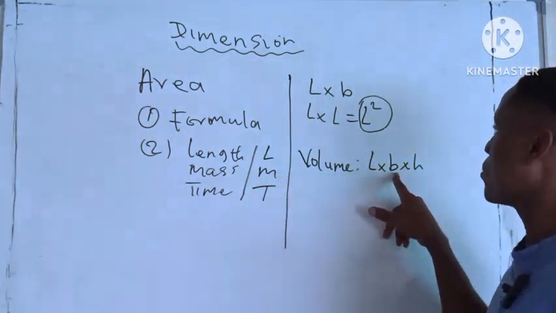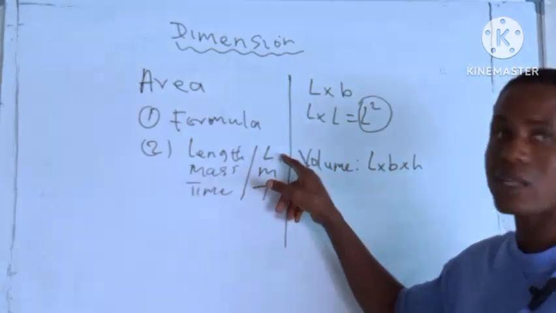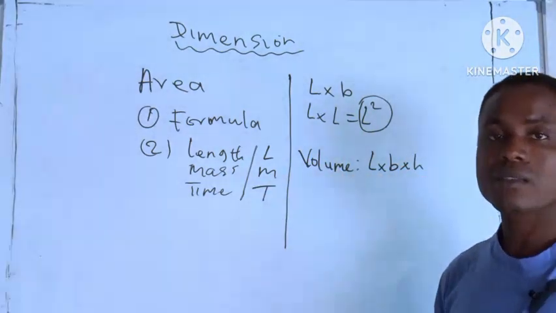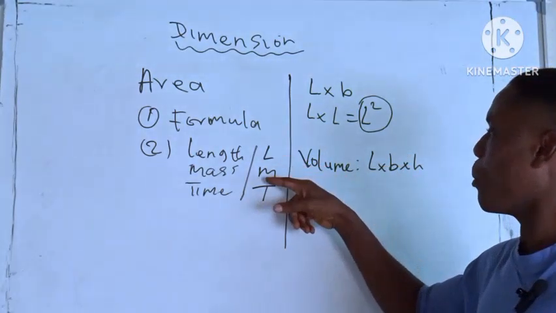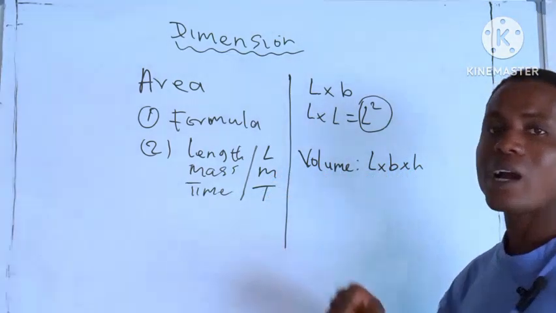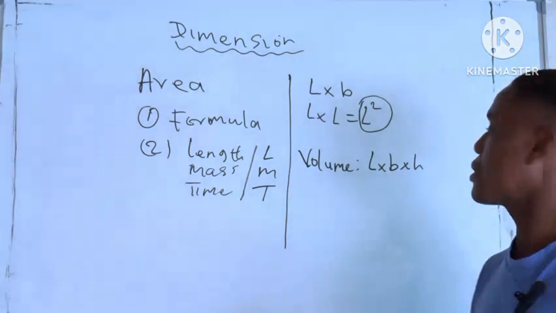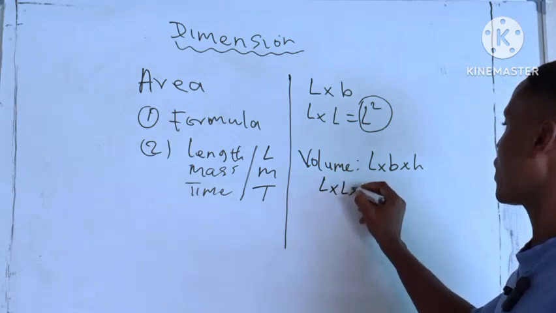So B is what, from the previous one we solved? Breadth is still the same thing as length, right? What of H? H means height. Are we changing height to length or mass or time? Height is still the same thing as length. So everything will now be length times length times length.